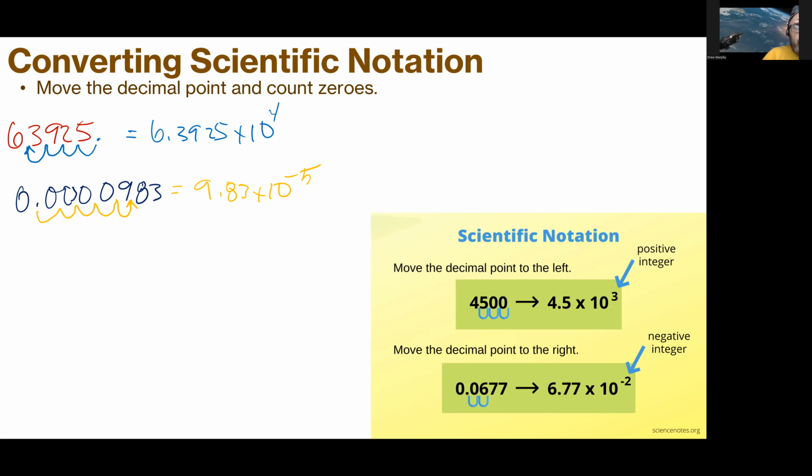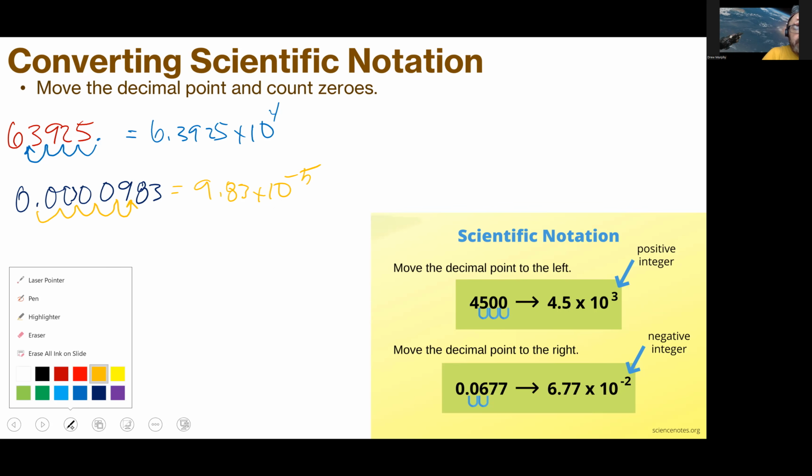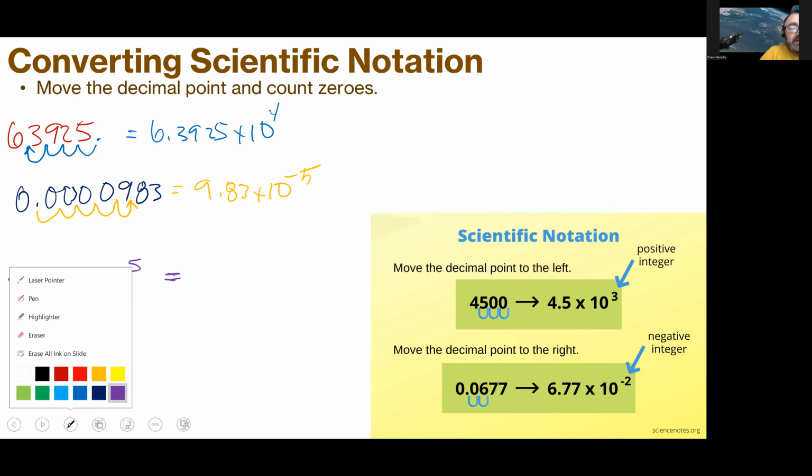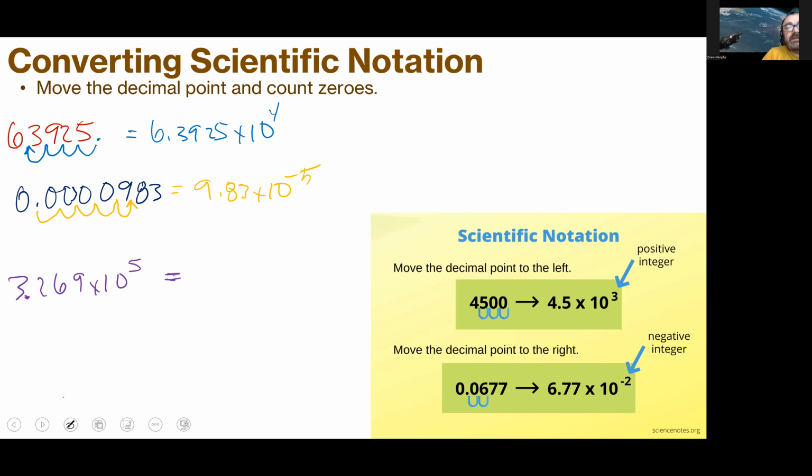Okay. We can do the same idea backwards to get us out of scientific notation. So if we had 3.269 times 10 to the 5th, okay, we're going to undo the scientific notation by moving our decimal place 5 times, okay?